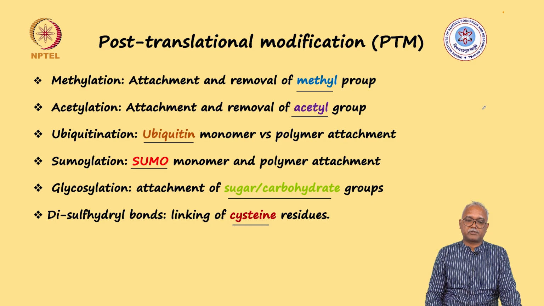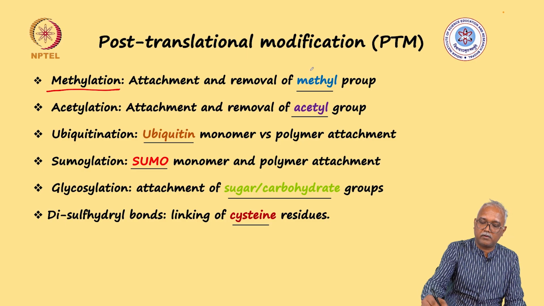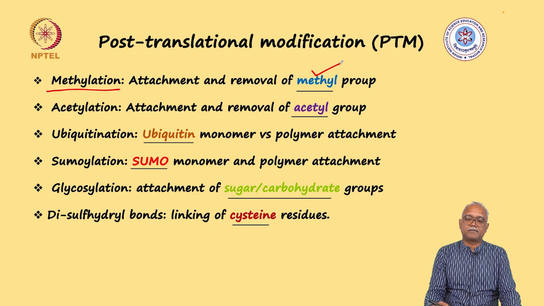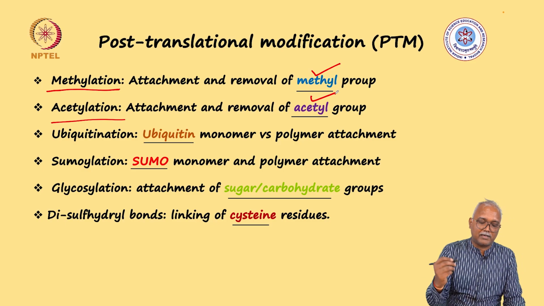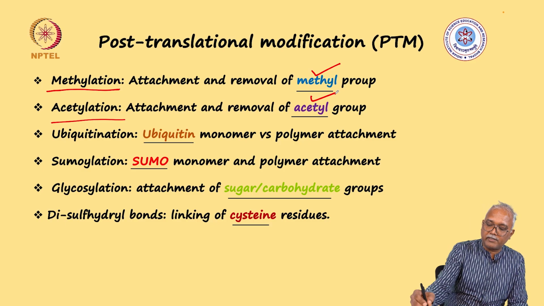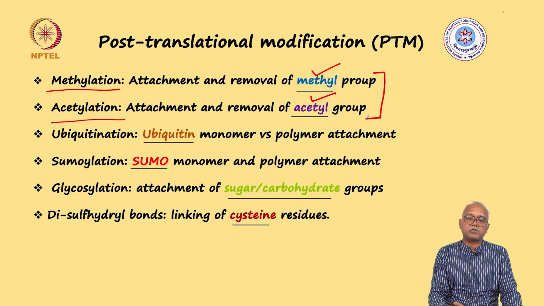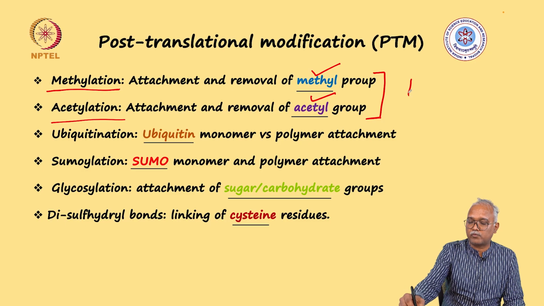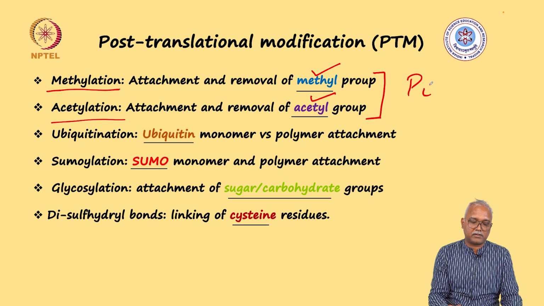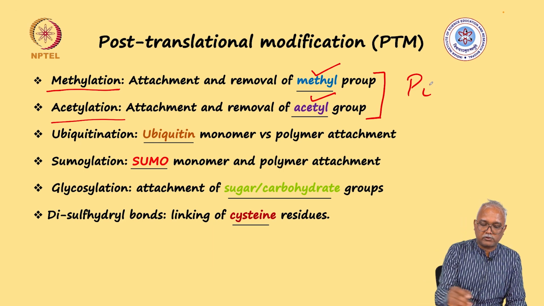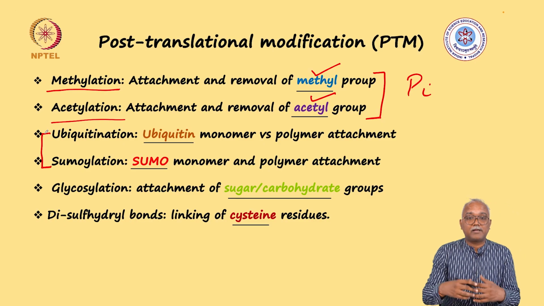Another type of post-translational modification which is commonly seen is attachment of a methyl group, called methylation. Similarly, you can attach an acetyl group, called acetylation. These two are very small entities being attached to the protein, very much like the phosphate group. What is also understood very well is post-translational modification by another protein.